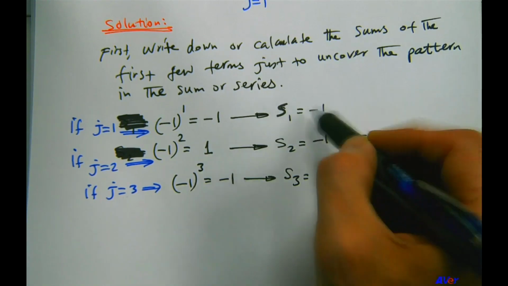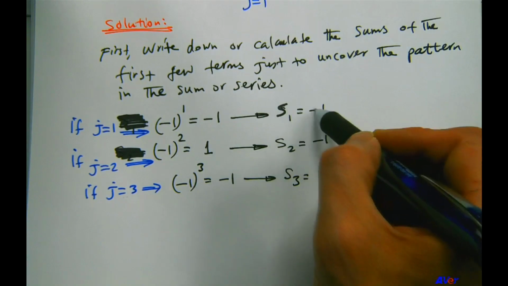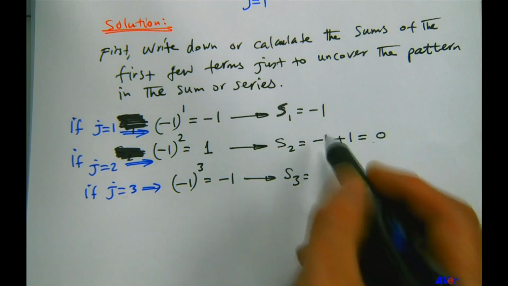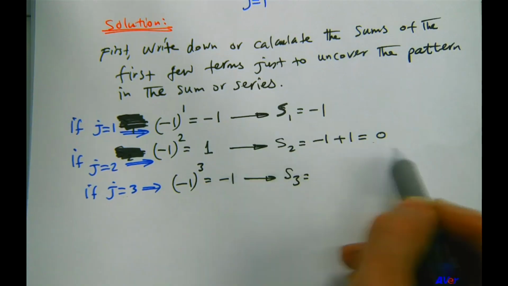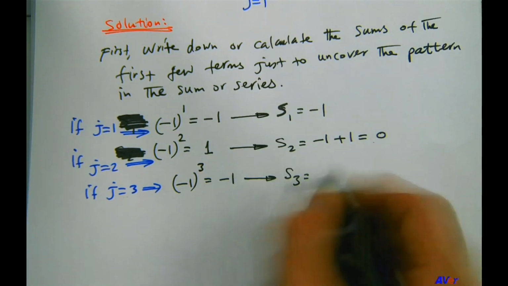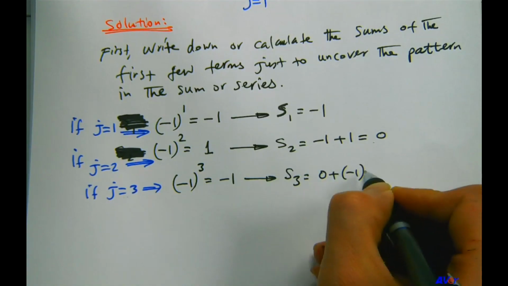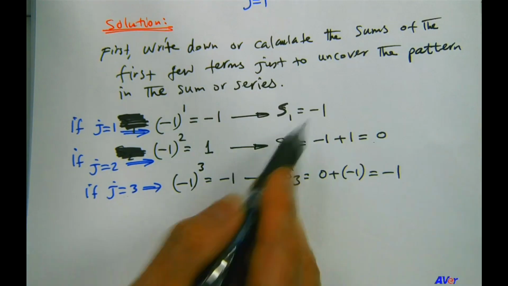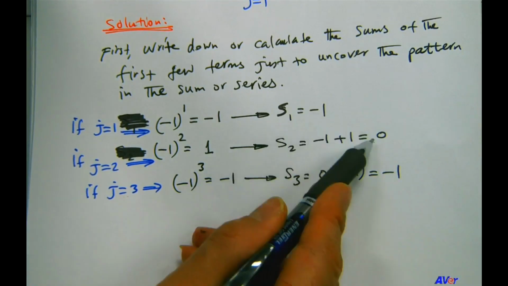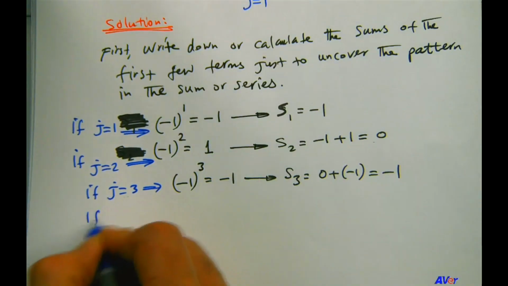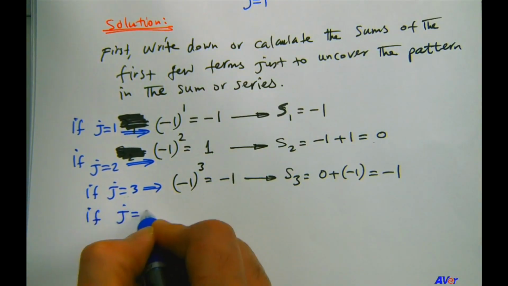You can either start from the beginning, S1, negative 1 plus 1 plus negative 1, and get the same thing, or you can just add what you have to S2. So it'll be 0 plus minus 1, negative 1. So notice the pattern: negative 1, 0, negative 1. Let's do a couple more just to be sure that we've uncovered the pattern.